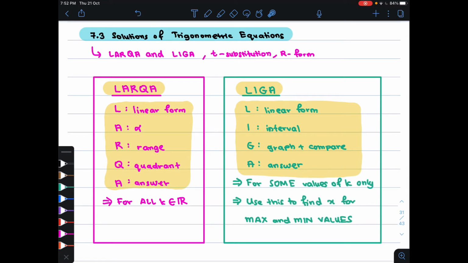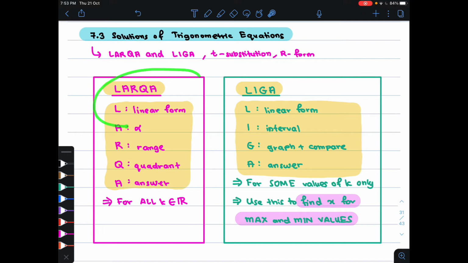And we will usually use LIGA in order to find the value of X for maximum and minimum values. Therefore, whenever you need to find the value of X for maximum and minimum values, you need to use LIGA.